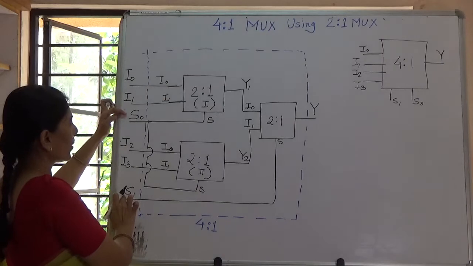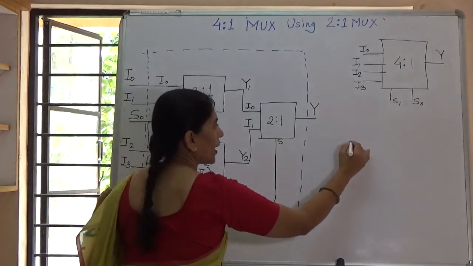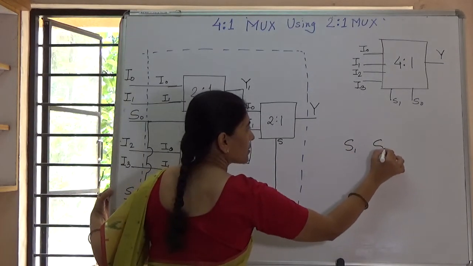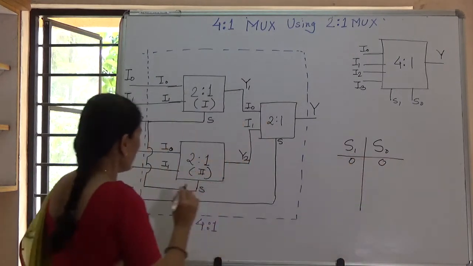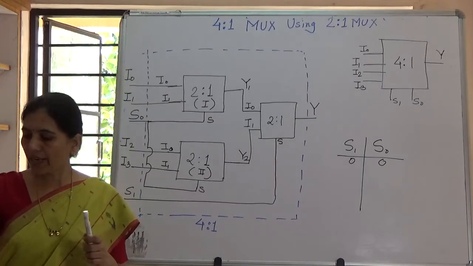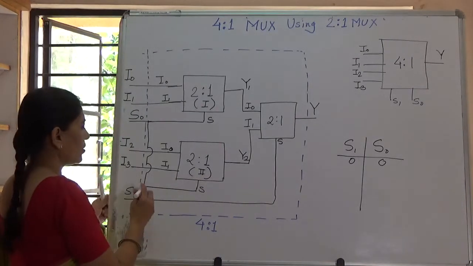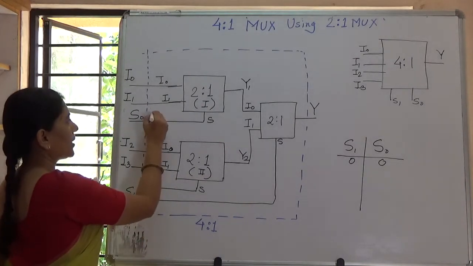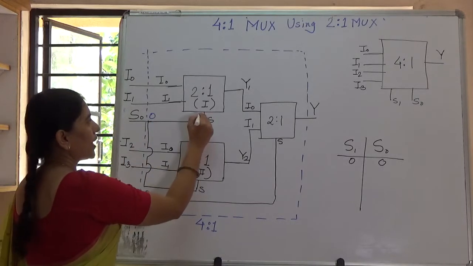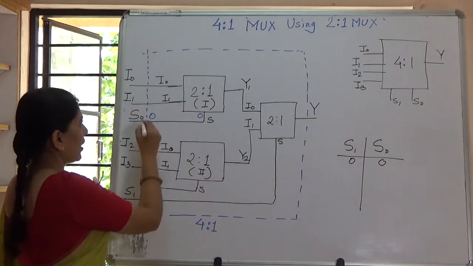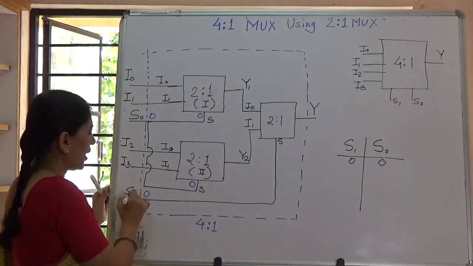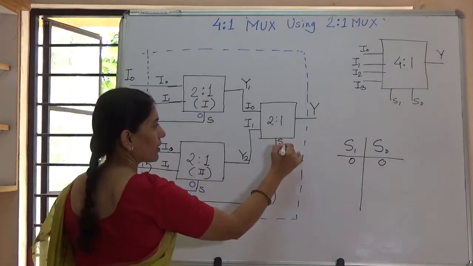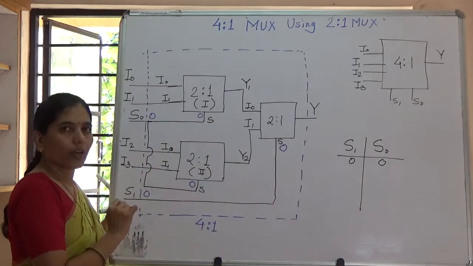So let us start with the combination of S1 and S0 as 0 0. If both S1 and S0 are 0 0, in that case this select line will be a 0, this select line of the second multiplexer will also be a 0 and this select line will also be a 0.